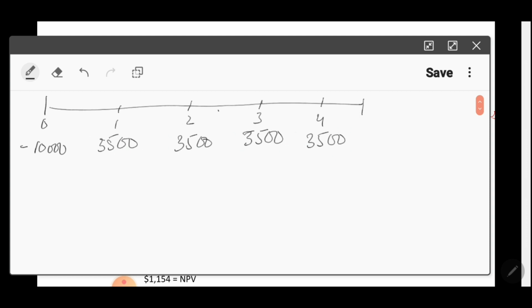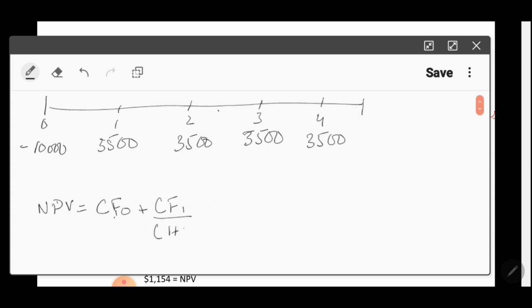The formula for the NPV. So now I'm going to plug it in the formula simply instead of making the whole chart. So the NPV formula is cash flow at time 0, which is your initial investment, plus the present value of the remaining cash flows.